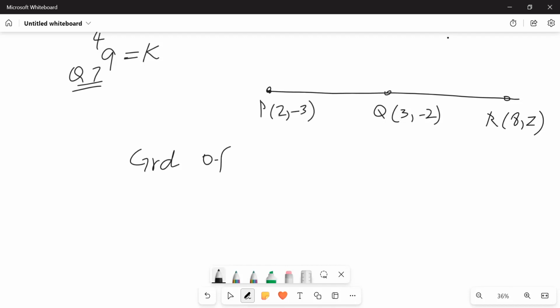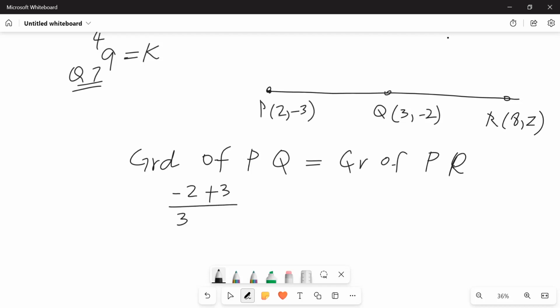We will find gradient of PQ is equal to gradient of PR. Similarly, gradient of PQ is -2 plus 3 over 3 minus 2, which is equal to Z plus 3 over 8 minus 2.